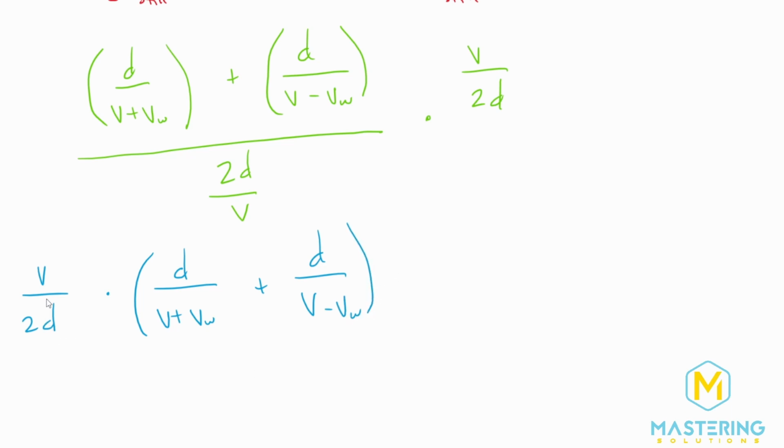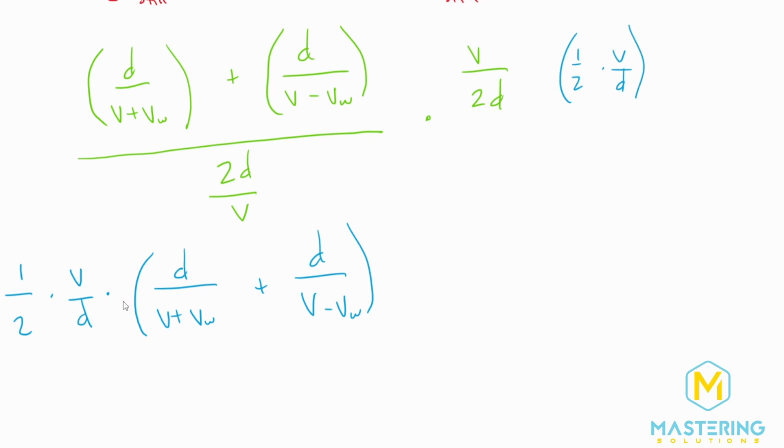So now we can take this one step further. Let me erase this and redraw this just so we don't have to write it again. We're going to pull out the 1/2. So 1/2 times v over d, because this is the same thing as what we just did.